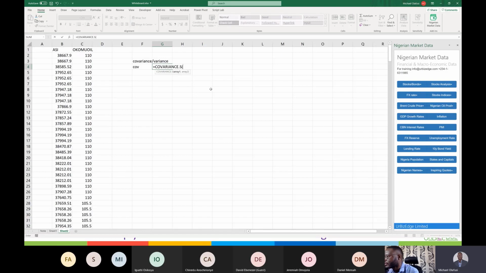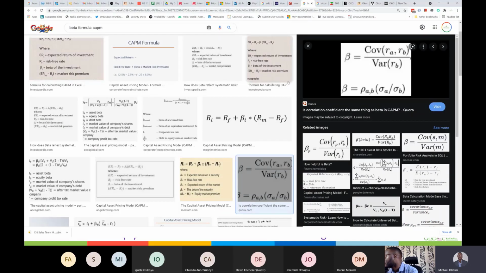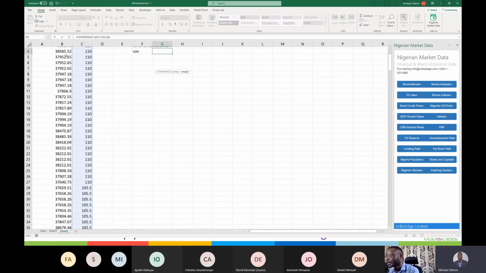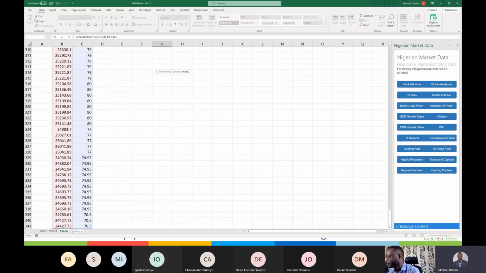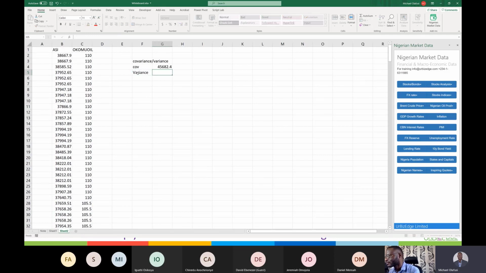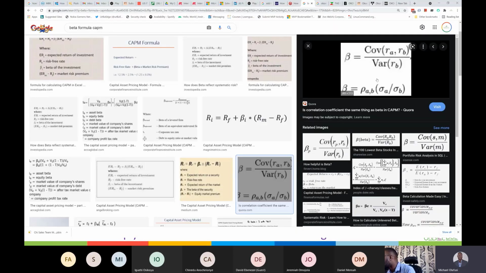Covariance, sample size. So of the security I'm interested in against the general market. Pick one, pick two. Then the variance of the market.